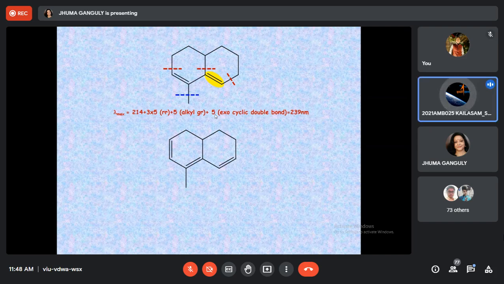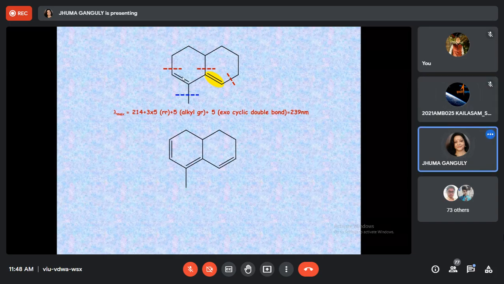I can consider hetero, right? Which has the higher lambda max. We always take the higher lambda max, no? So here one is 214 and one is 253. Why do we consider the lower one? We always take the higher one. So that's why we consider the homoannular as the base point, 253.